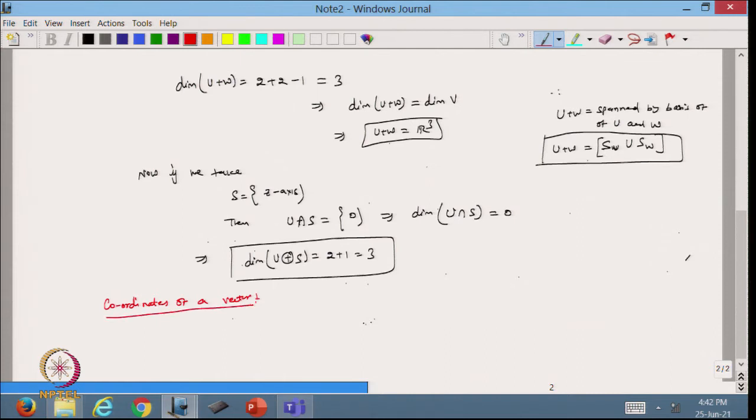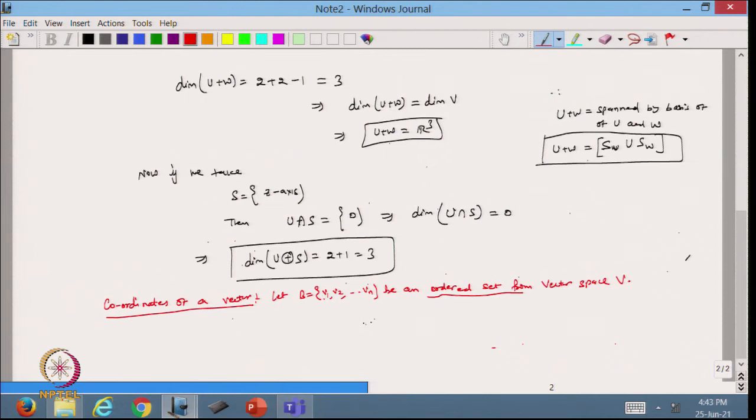So, let us define this one. Let B equal V1, V2 up to Vn be an ordered set from vector space V. It is an ordered set, which means we cannot change the order.